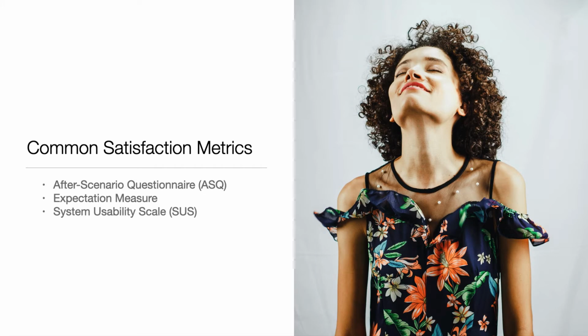So 3 metrics that are really incredible to use in determining satisfaction are the After Scenario Questionnaire, the expectation measure, and the System Usability Scale. As a UX designer, you'll be using these scales all the time to understand the usability of your website.